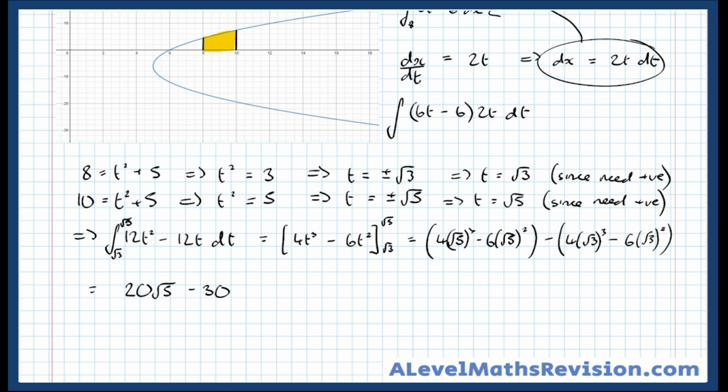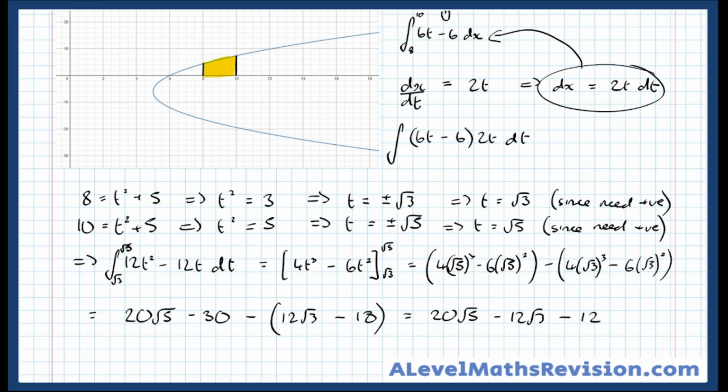And the reason I'm doing these all separately is because I know if I put it all in the calculator, it'll give me a decimal. If I try to mix the root 5s and root 3s, the calculator is going to give me a decimal back. So 4 times root 3 cubed, that's 4 times 3 root 3, which is 12 root 3, minus 6 times root 3 squared, so take 18, which is equal to, well, we've got 20 root 5, take away 12 root 3, and minus 30, double minus 18, minus 30 plus 18 is minus 12. And there we have it, the area between the curve and the x-axis.